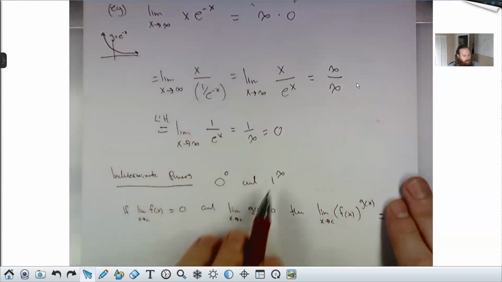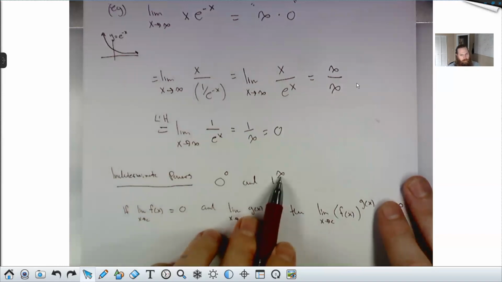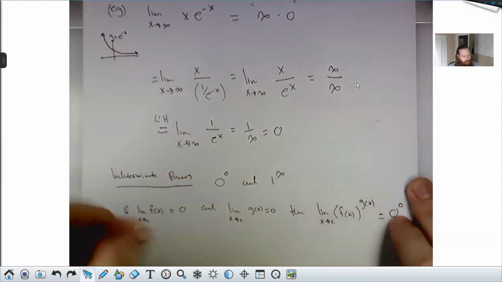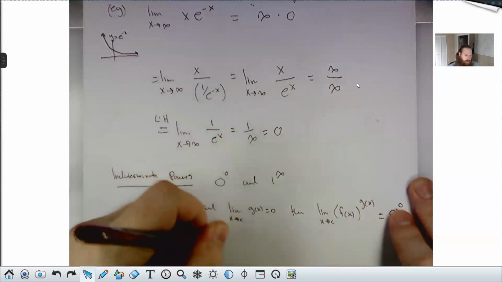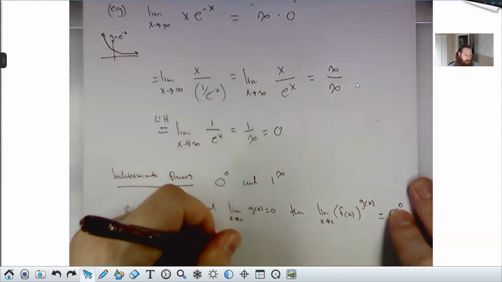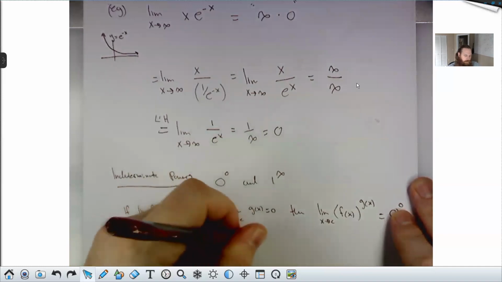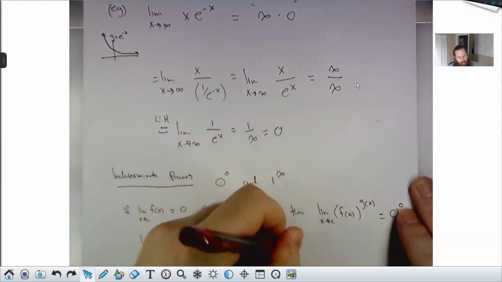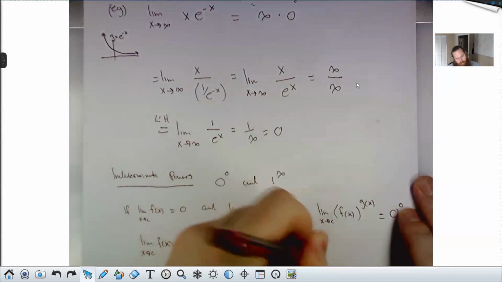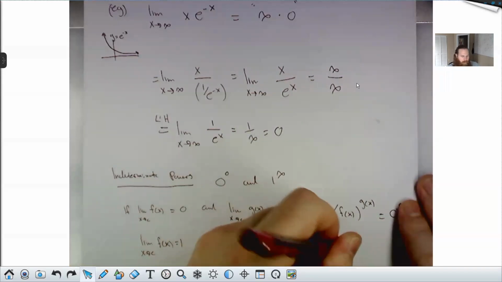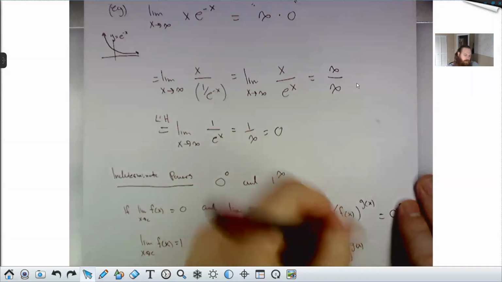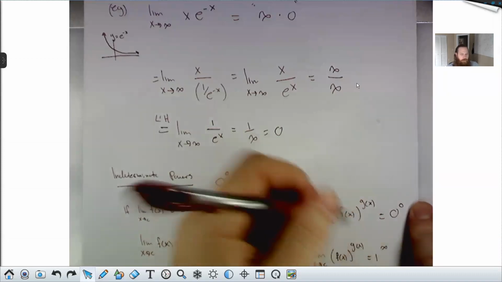And if the base goes to 1 and the power goes to infinity, then the limit of f of x to the g of x comes out to 1 to the infinity.